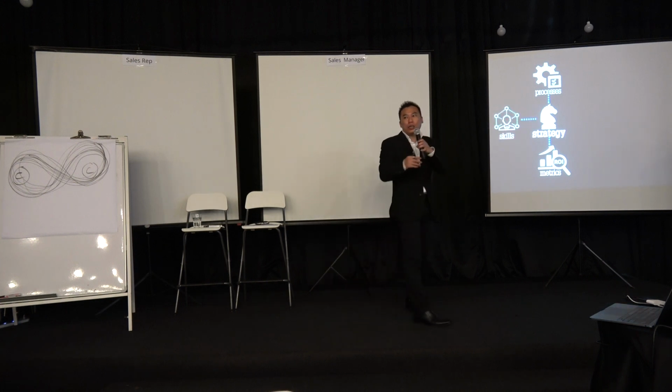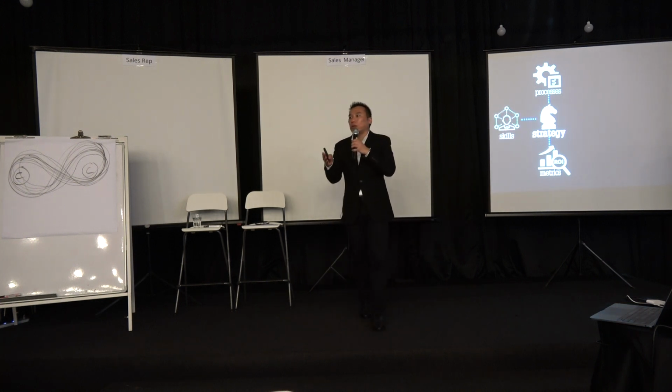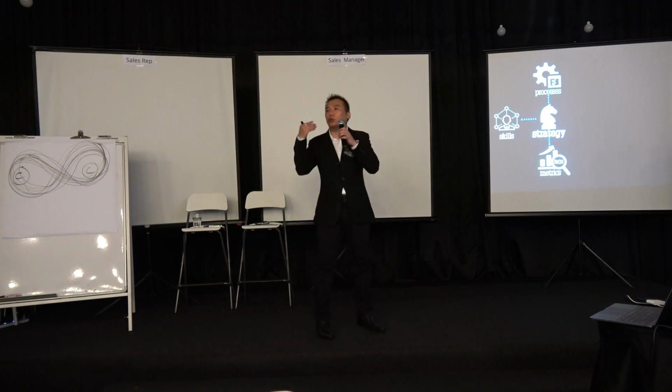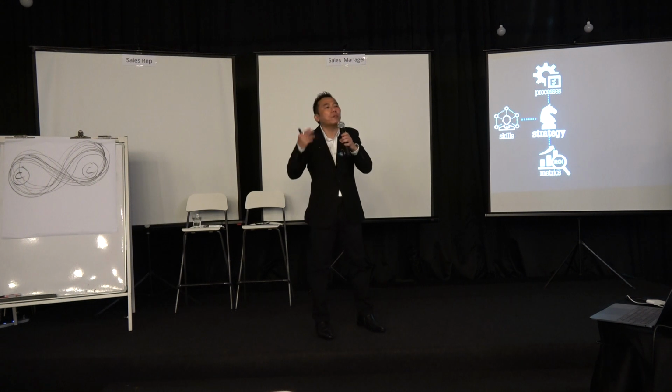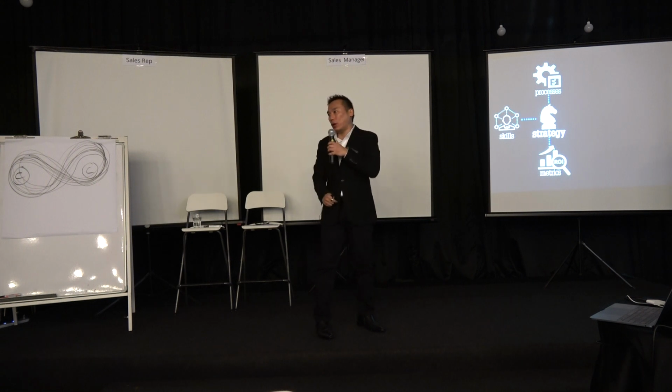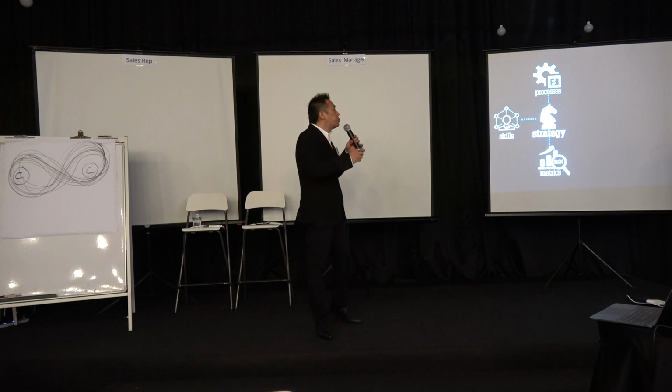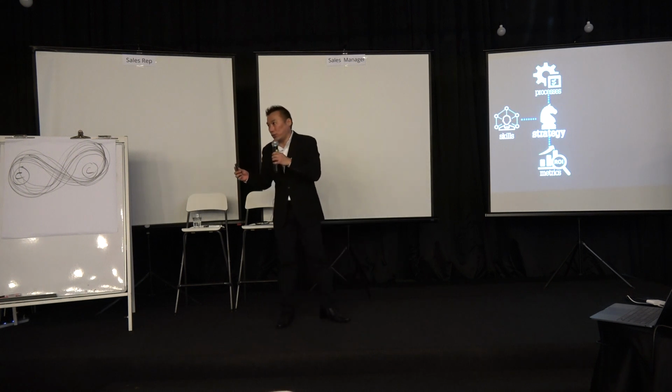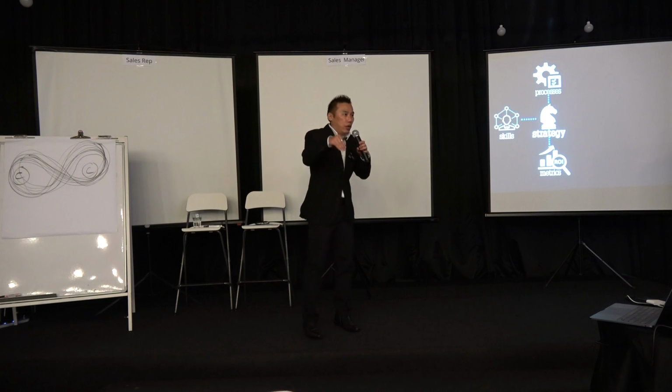And the next thing in the equation is actually the skills. Now, you may have the best strategies, you may have the best processes, but if you don't have the basic skills to execute all this, it's not going to work either, right? So you absolutely have to have skills. And this is why you are here today.